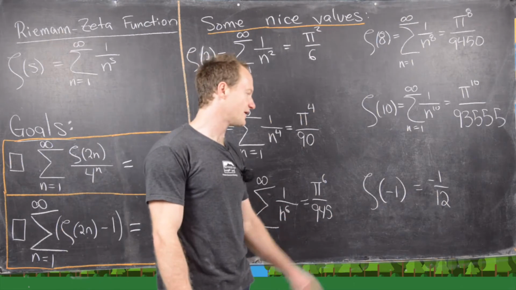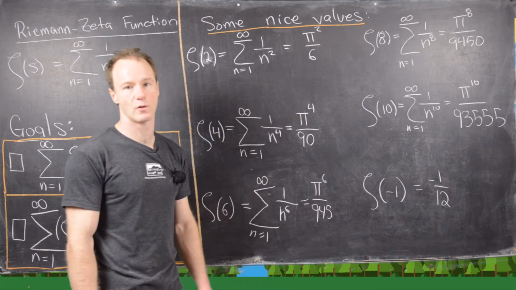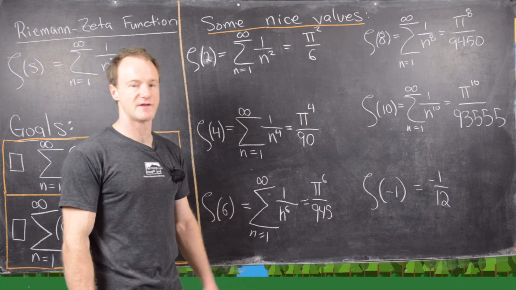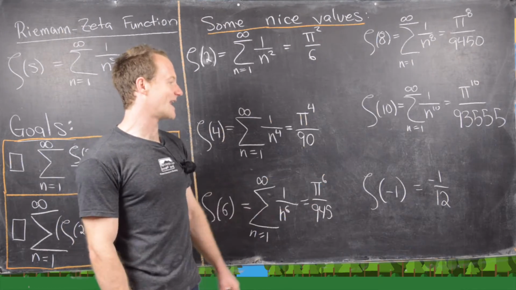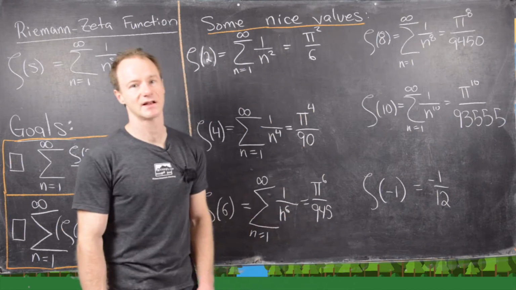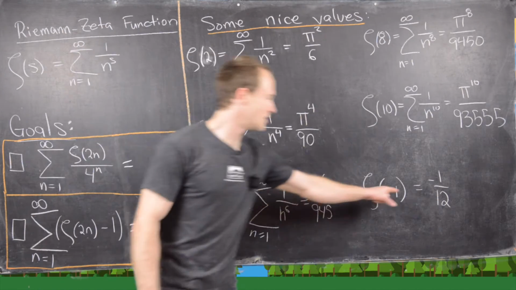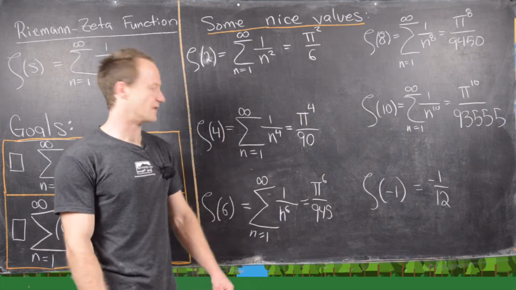And as a cheeky little joke down here, I have zeta of minus 1 is equal to negative 1 over 12. This is a really famous internet thing. That's not exactly given by the sum of the natural numbers. That's where this analytic continuation of the Riemann-Zeta function comes in. Notice I didn't include the sum there in this case.